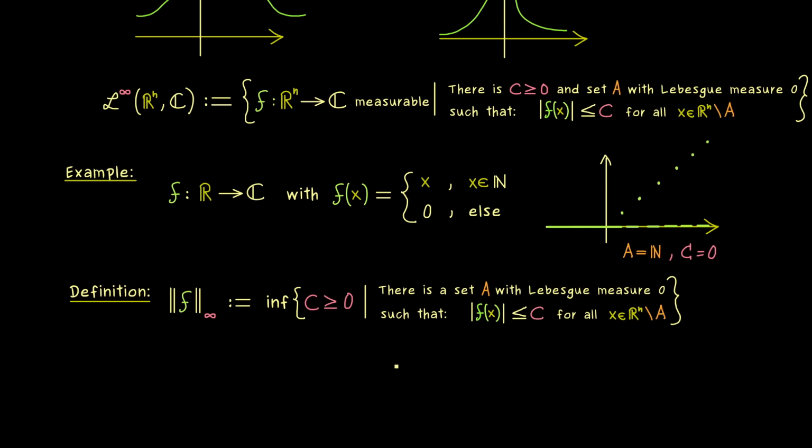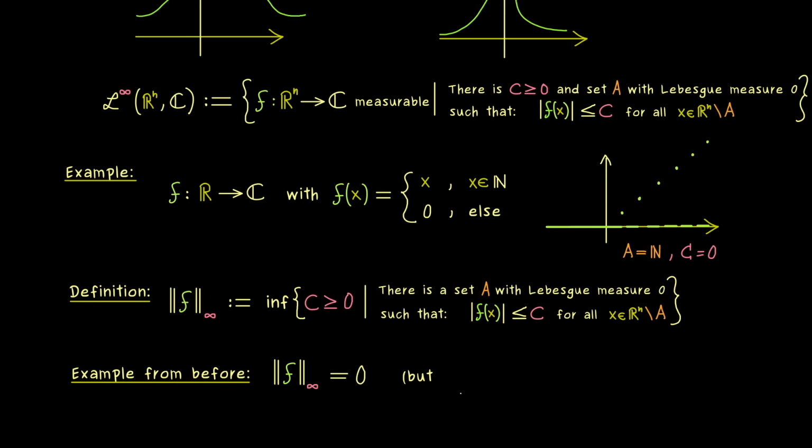In the example above, you can see that if we set c equal to 2, then we could exclude 2 points from our set A. But obviously this is not really helpful, and the infimum will optimize for us such that we get the smallest possible c out. And in the example above, this one is clearly given by 0.